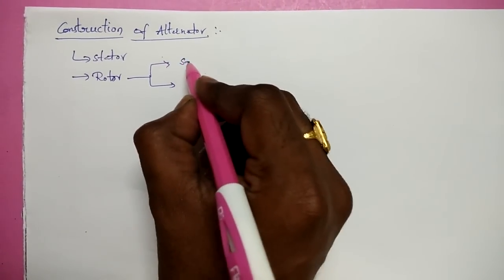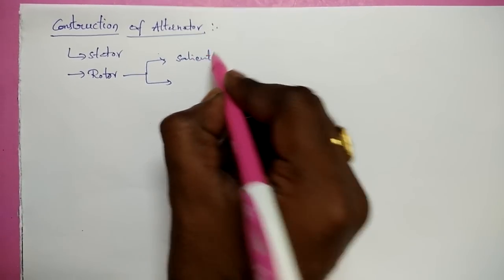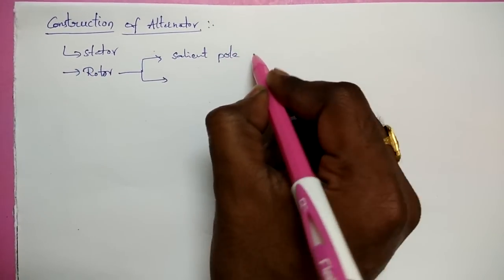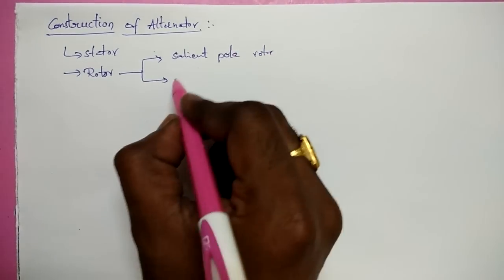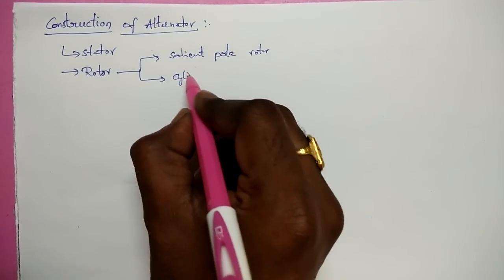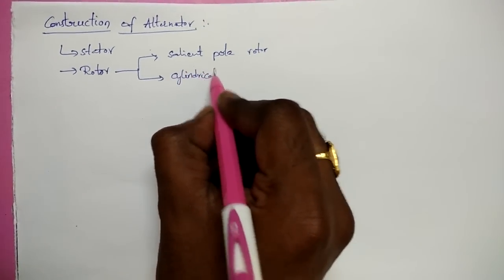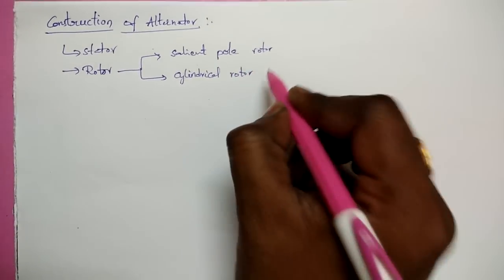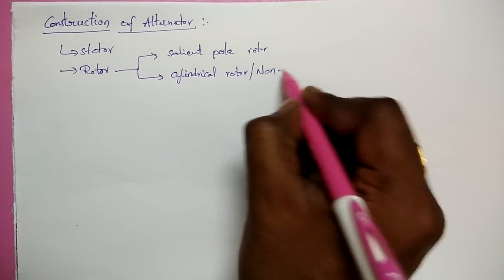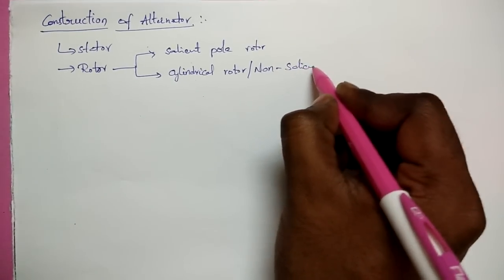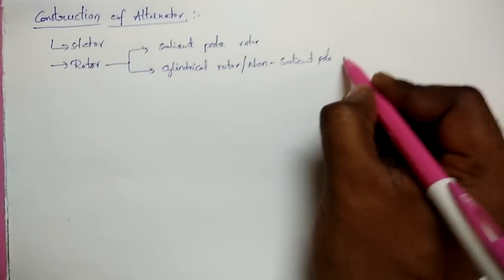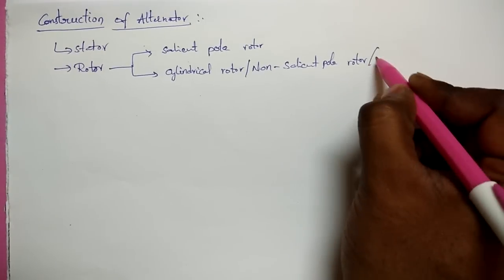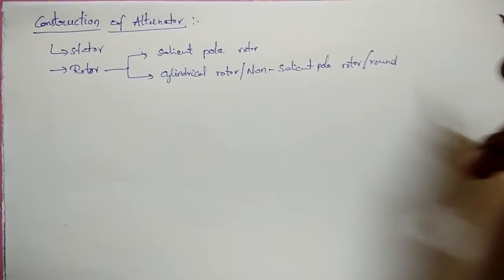The first one is the salient pole rotor and the second one is the cylindrical rotor. The cylindrical rotor is also called a non-salient pole rotor, and it is also called a round rotor.